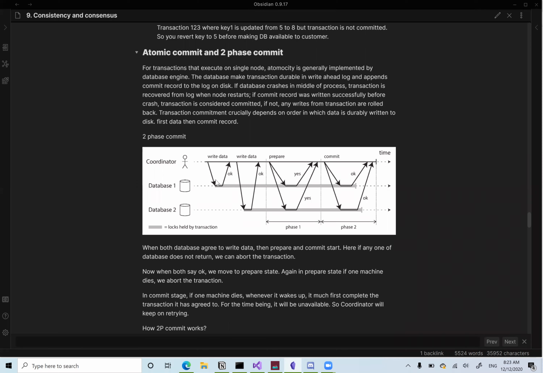So if both of them have agreed yes, and replicated to their logs, then now you know that they have agreed to commit the value. So you can also consider. So yeah, I was also thinking that these two could be merged into one.